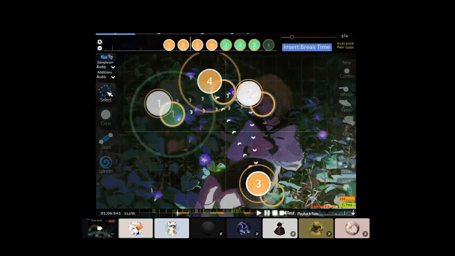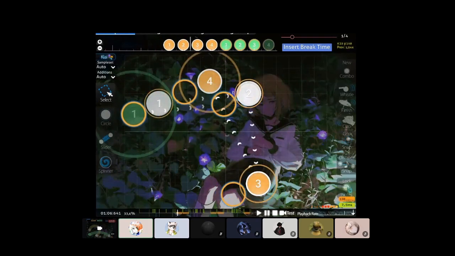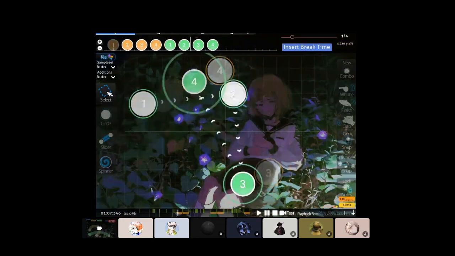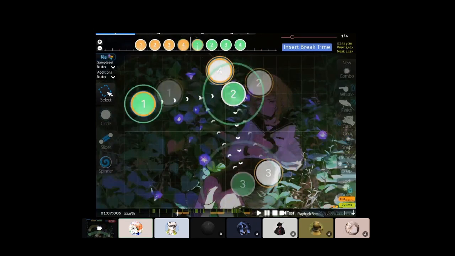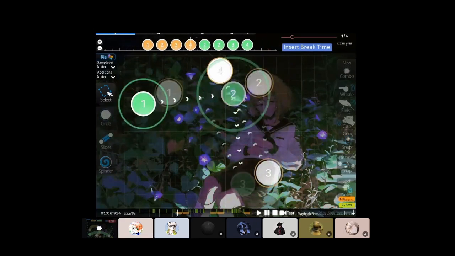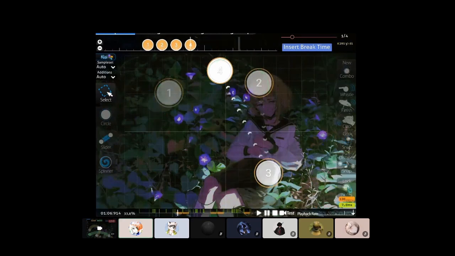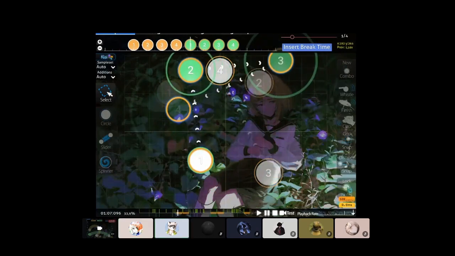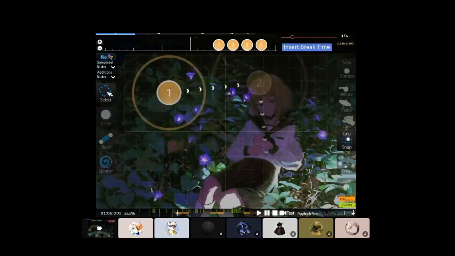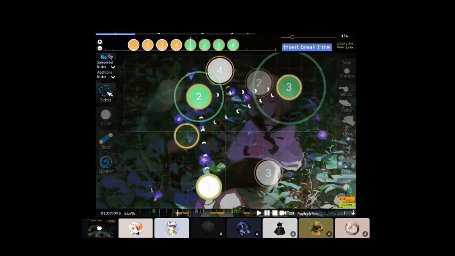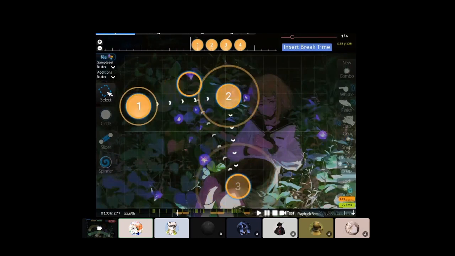Wait, what am I doing? I feel like a pattern like this would be a lot harder than just squares. Well, I guess there's also direction change here. Wait, no. Well, yeah, there is. My bad. Okay, what would it be without direction change? I guess it would be like this. Wait, no, that's still a direction change.